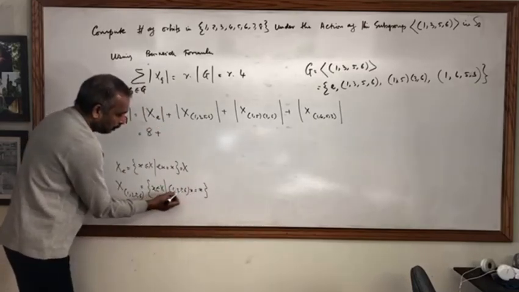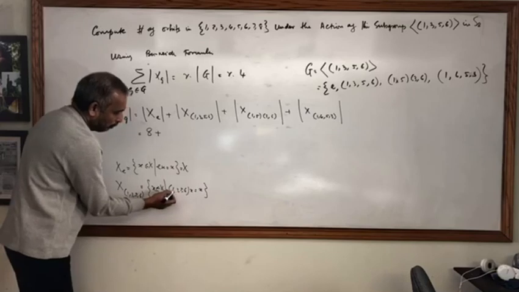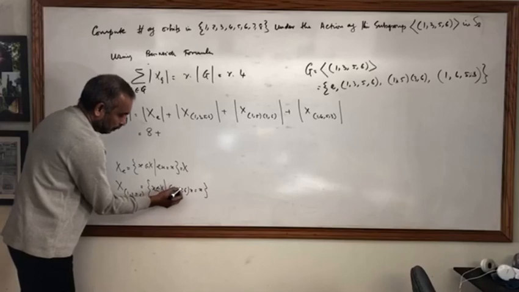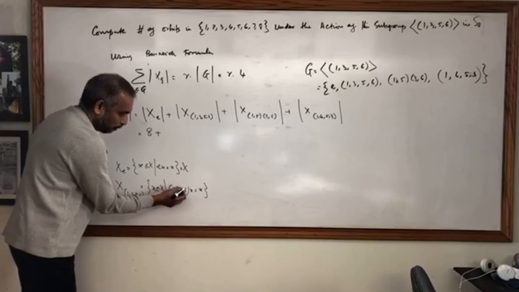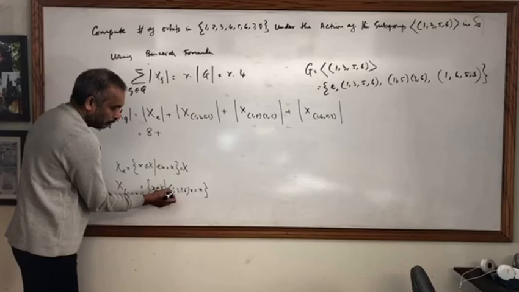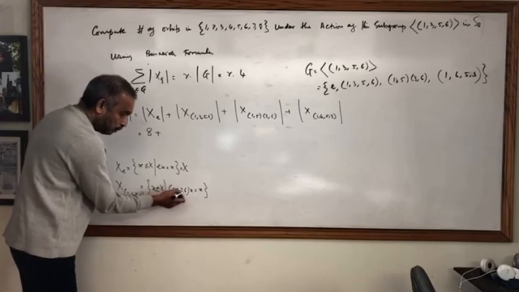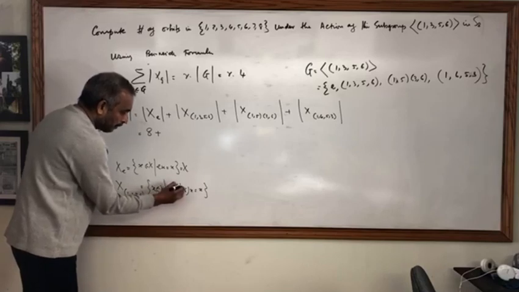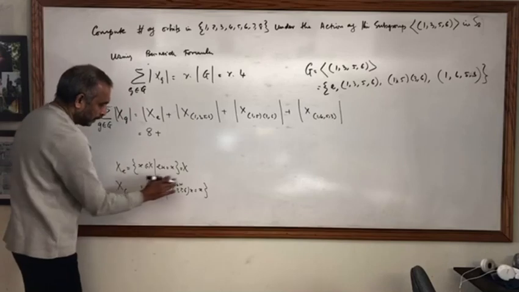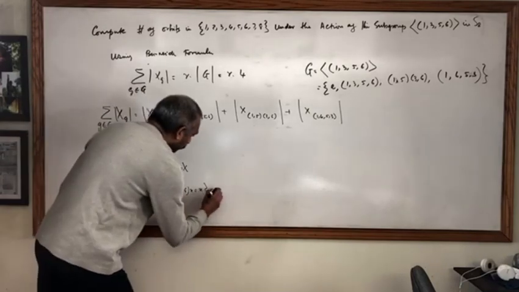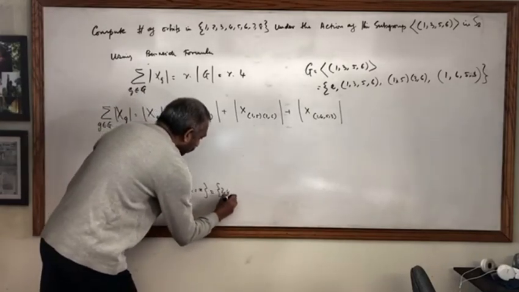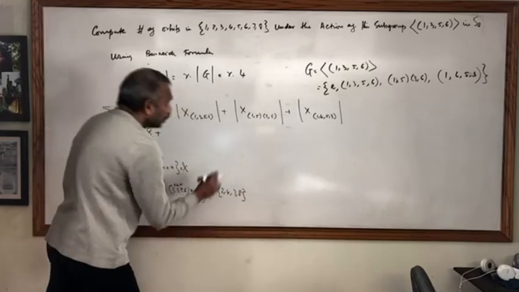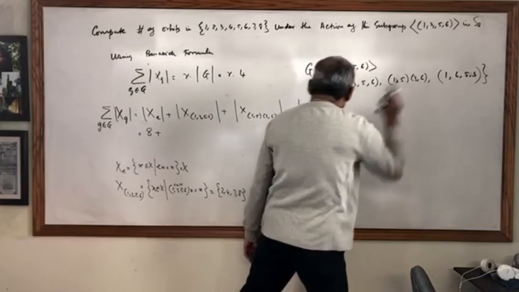1 will be moved to 3, 3 will be moved to 5, 5 will be moved to 6, and 6 will be moved to 1. The only elements that are not moved here are 2, 4, 7, 8. So this is equal to {2, 4, 7, 8}, and that is true for the other two also.